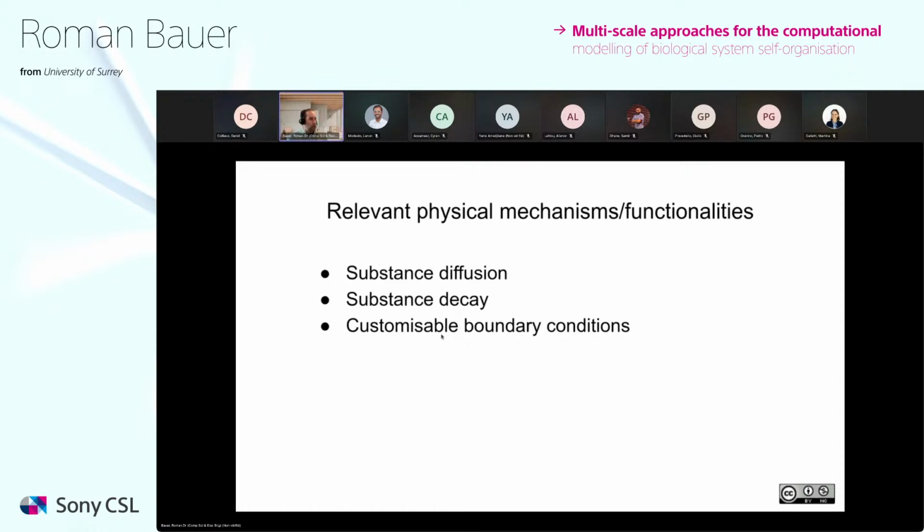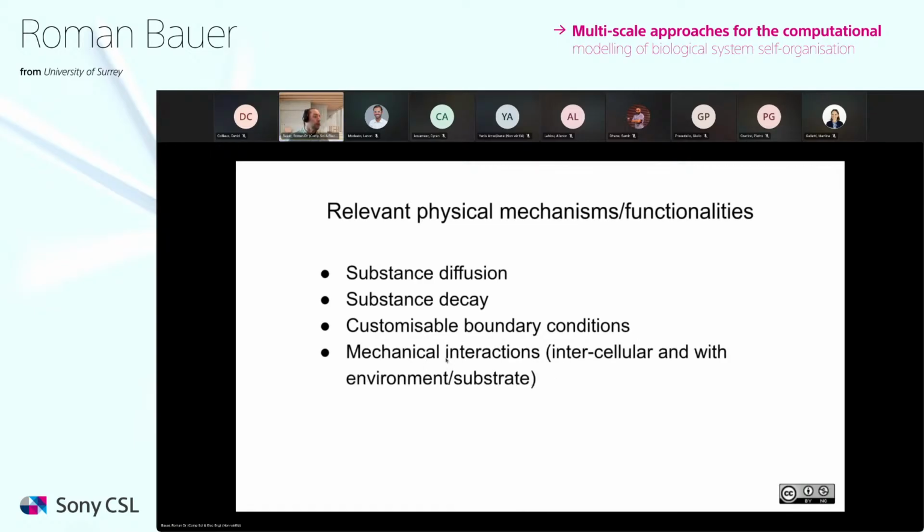Also, we want the boundary conditions to be customizable. So we want, for example, to state that the boundaries are closed, or they are open, or they are fixed at a certain value for a concentration, for instance, or for a temperature. Then important, as I mentioned, is that we should have some kind of mechanical interactions, both between cells, but also with the external environment or a substrate.